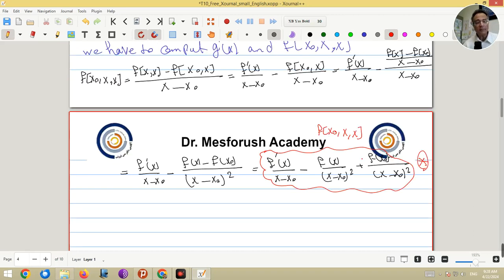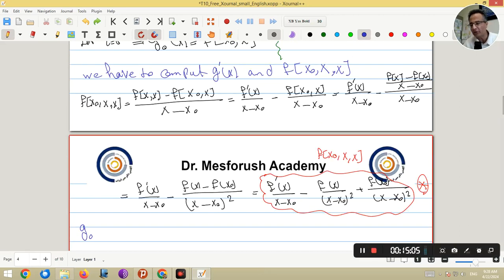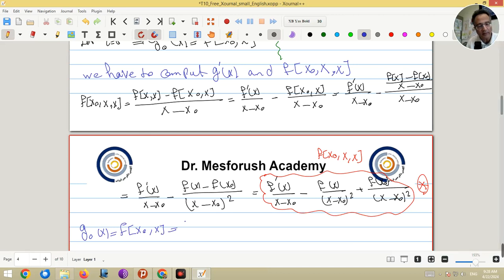Now let me compute g prime of x, in fact g0 prime of x. Let me write first g0 of x. g0 of x is f of x0 and x, and this is f of x minus f of x0 over x minus x0.